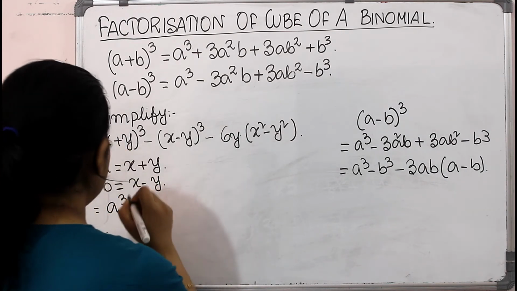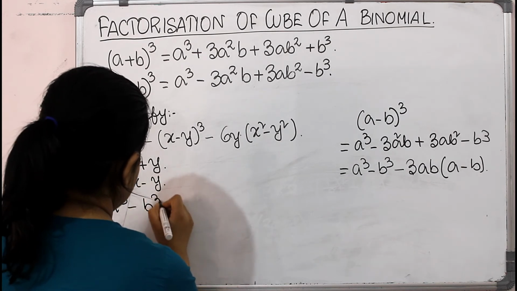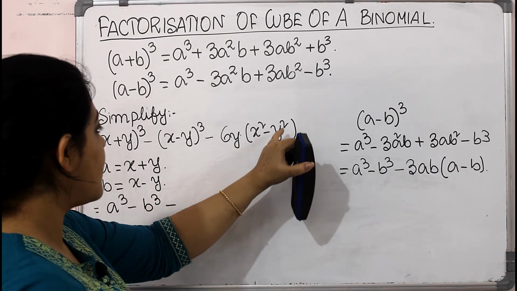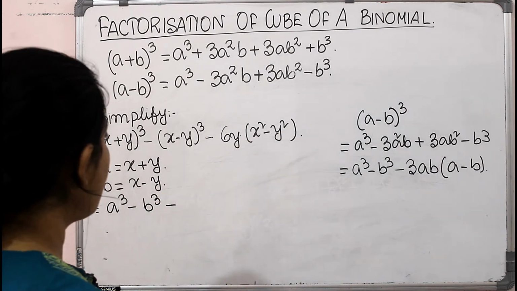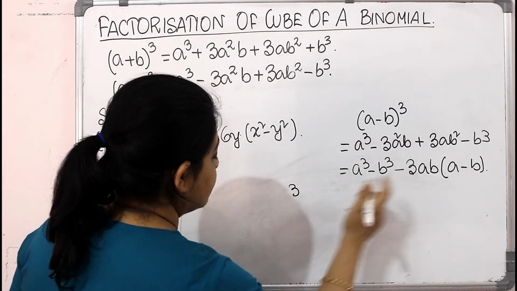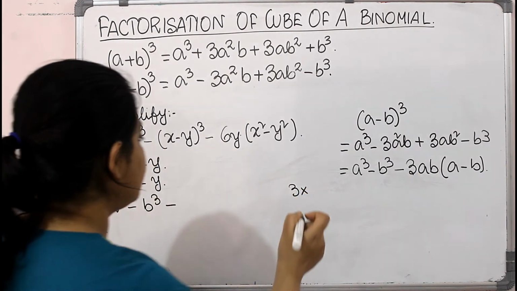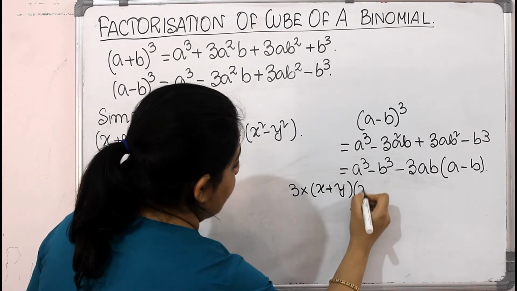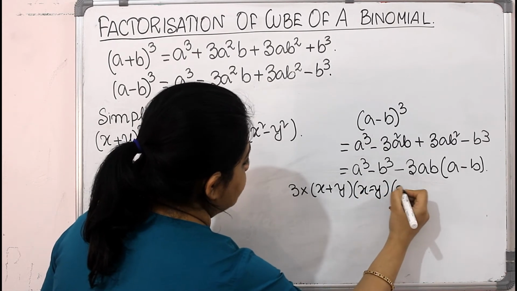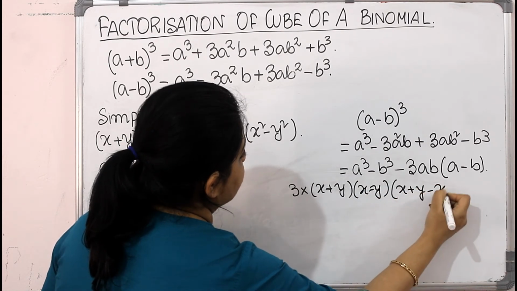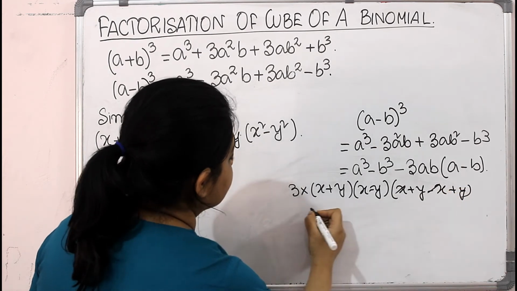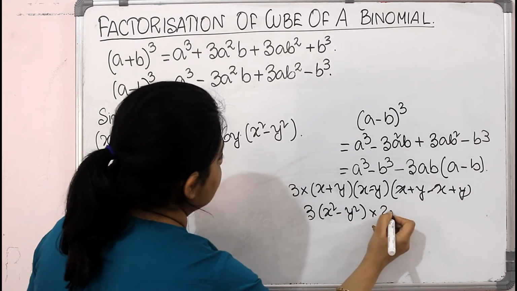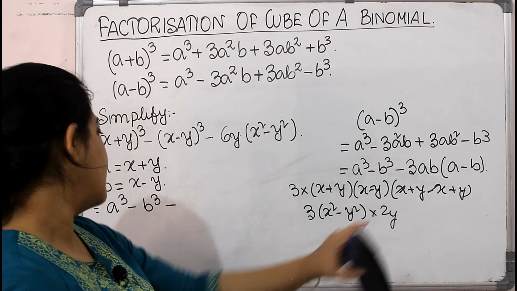You are writing a cube minus b cube minus 6y into x square minus y square. So if you go by this expression, 3 into what is a, x plus y, and what is b, x minus y, and a minus b, x plus y minus x plus y. So this gets cancelled. So you are getting x squared minus y squared into twice y, that is 6y into x squared minus y squared.